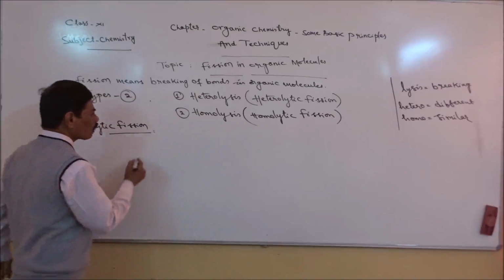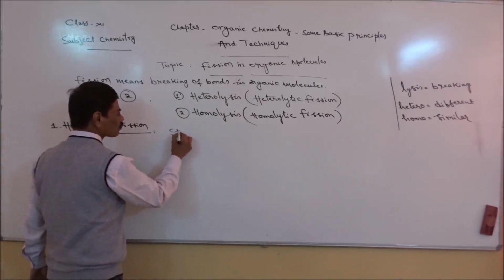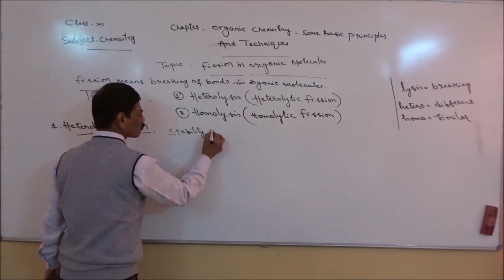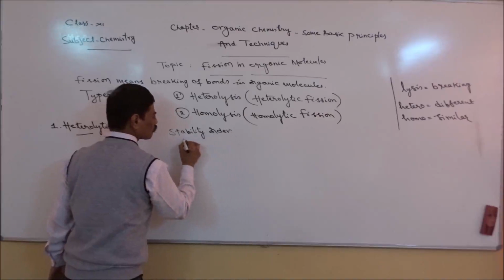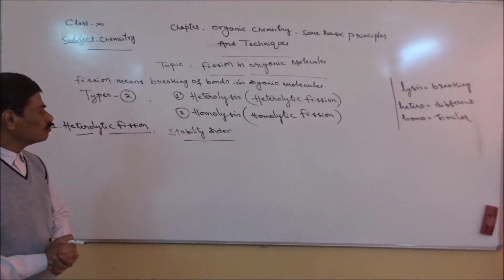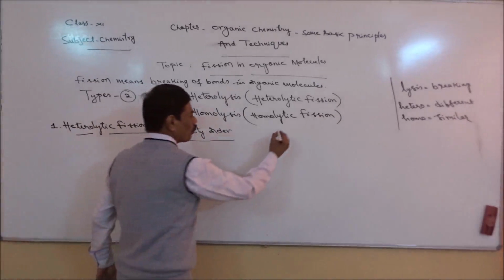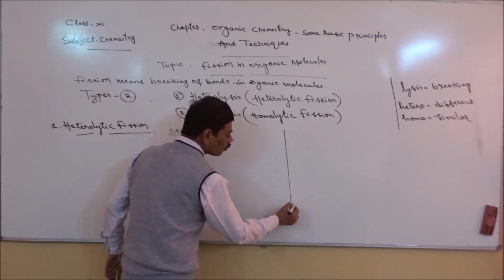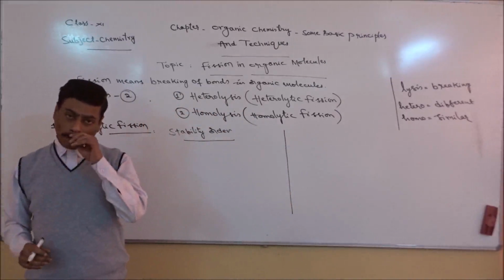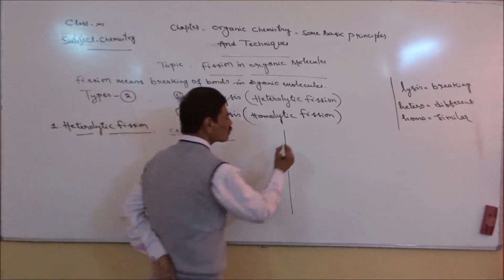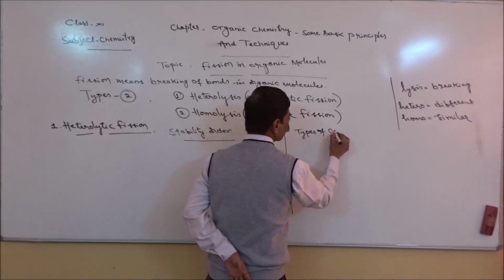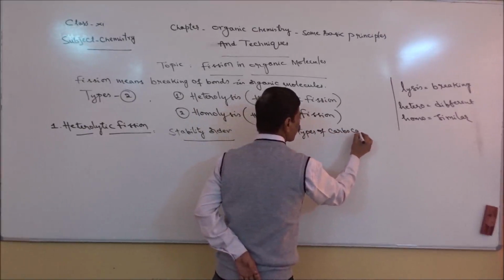Now let us see the stability order. Before starting the stability order, you should know the types of carbon atoms in carbocations. In carbocations, we have three types of carbocations.